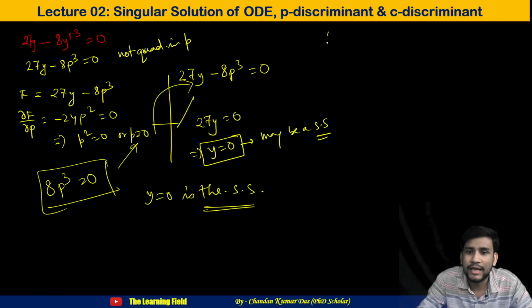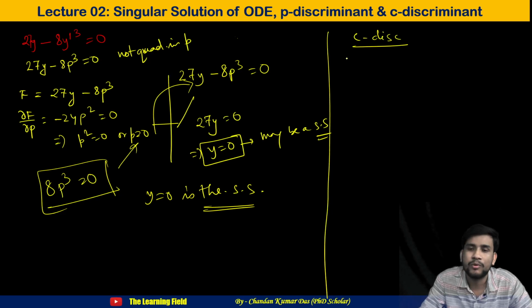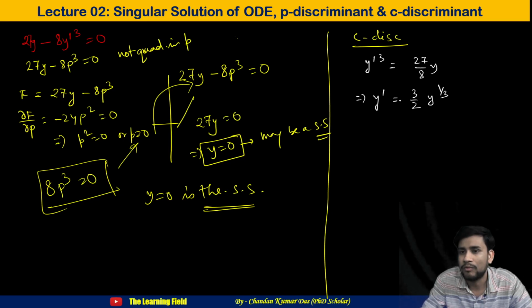Now, this is the p-discriminant method. Now if we calculate the c-discriminant method, we have to solve the differential equation first. To solve the differential equation, we get y dash cubed equal to 27 by 8y. That means y dash equal to 3 by 2 y to the power 1/3.